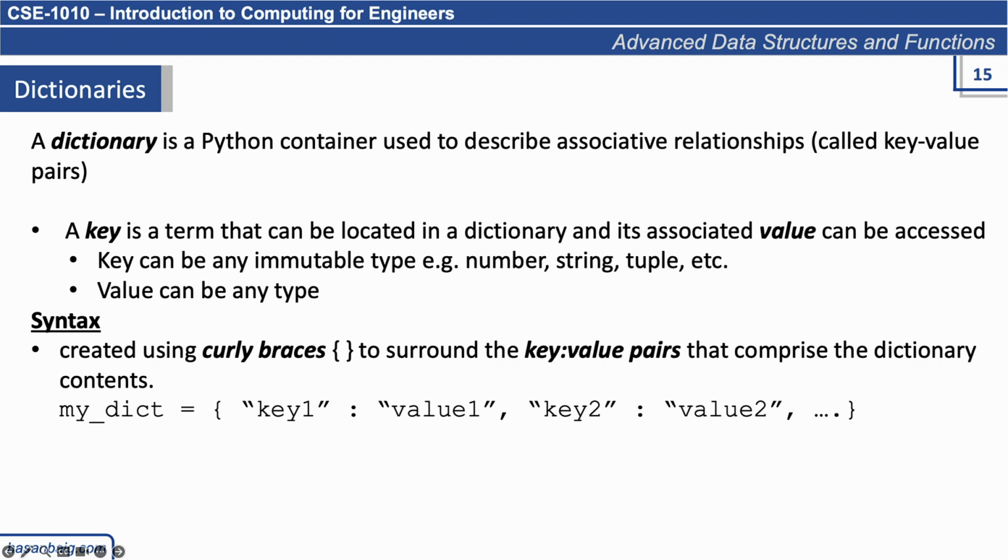A dictionary is also a set of elements enclosed in curly braces. The difference between a dictionary and a set is that a set has only single comma-separated values. Here in a dictionary, we have a pair of a key and its associated value separated by a colon in between. So by looking at them, you can clearly distinguish which one is a set and which one is a dictionary.